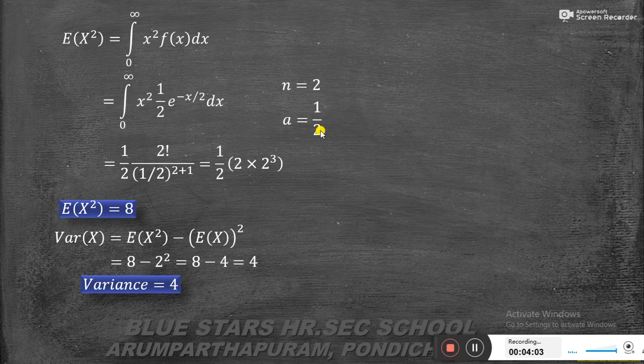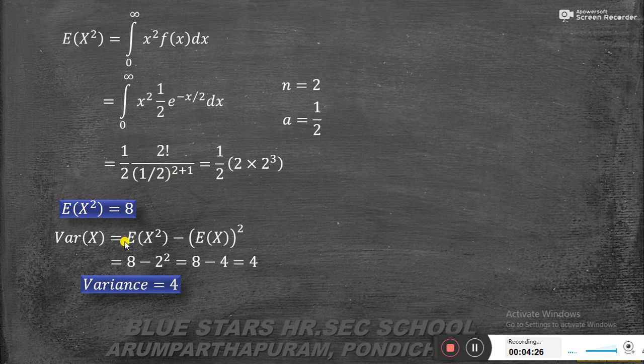We substitute in the formula: 1 by 2 into 2 factorial by 1 by 2 whole power 2 plus 1. So 1 by 2 into 2 factorial by 1 by 2 whole cube, that means 1 by 2 power 3. So 2 factorial means 2 into 2 power 3. The 2 cancels, and 2 power 3 means 8. Expectation of x square equal to 8.